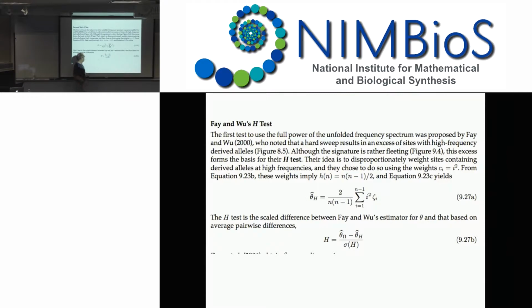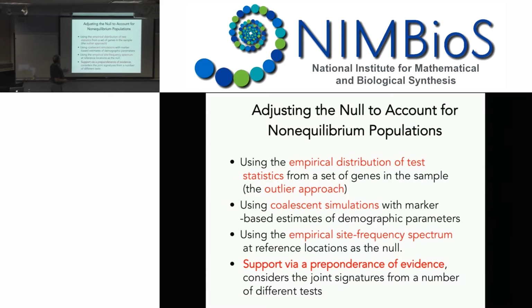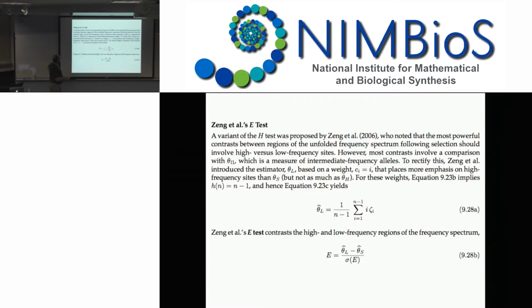So these are different contrasts, and the bottom line is that the E and H tests are regarded as pretty good tests for detecting if sweeps have occurred, and they're pretty good because they're robust to many of the issues that come up with demography. And the reason is it's easy to get a lot of low-frequency minor alleles under a population structure. It's very hard to get a lot of high-frequency derived alleles under anything other than a sweep. So that's why you have these various tests.